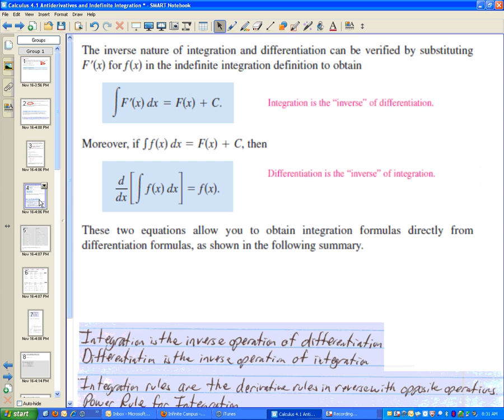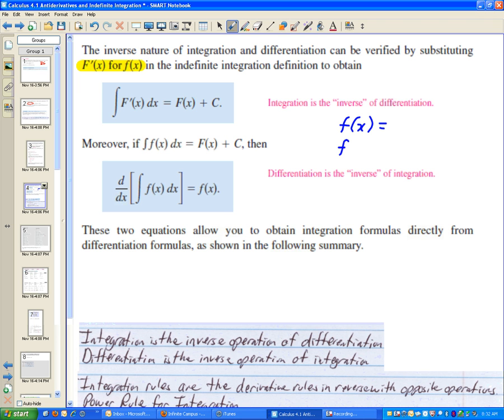The inverse nature of integration and differentiation can be verified by substituting capital F prime of x for f of x in the indefinite integration definition. So let's wait just a second. Does it make sense that we can substitute one for the other? If we're going to substitute one for the other, they have to be equal, don't they? Well, they are. They're just different notations for the same thing. Because recall, here's what we've been doing all year long.